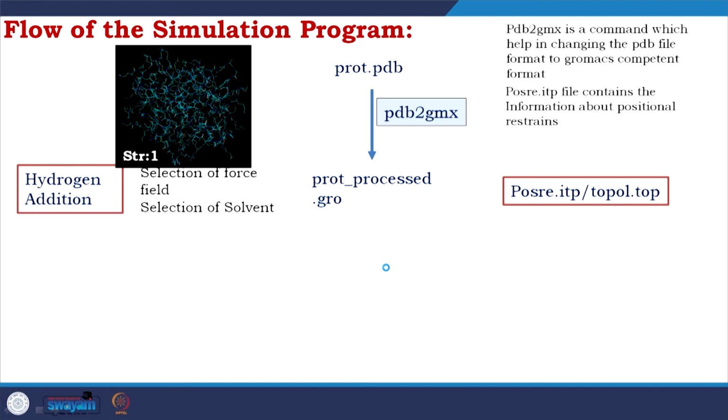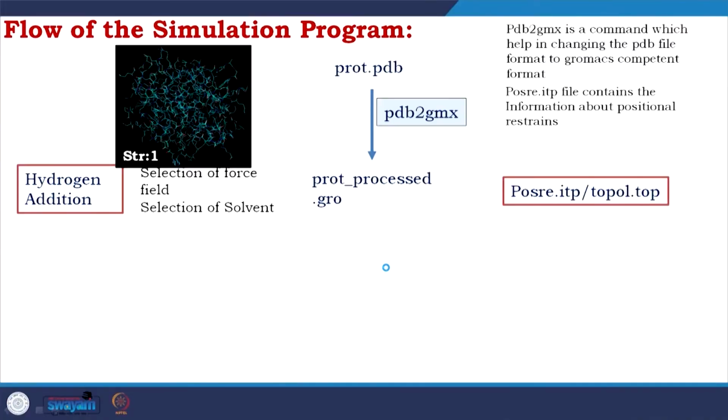Posre.itp is a very interesting and very critical file for the simulation to run. As I talked about, your atomic connectivity information of the covalent bonds already tells which atoms are restricted to which length, but for non-covalent interaction there is no limit.